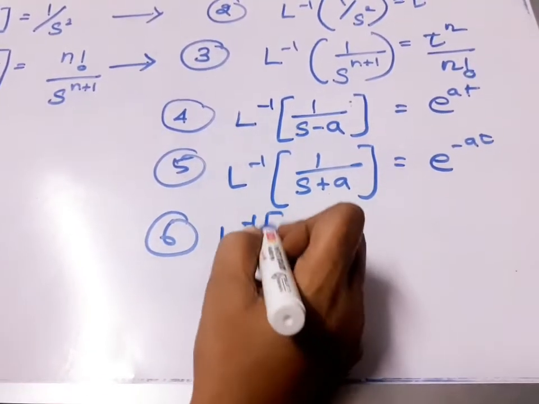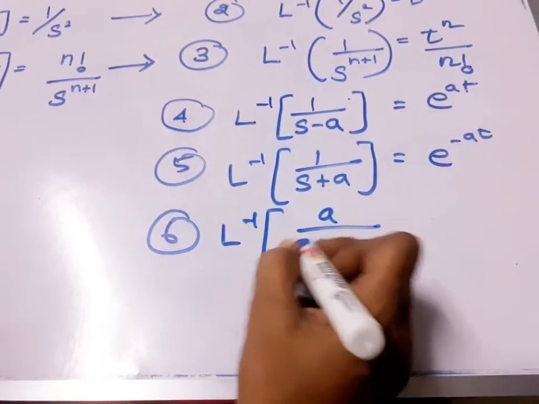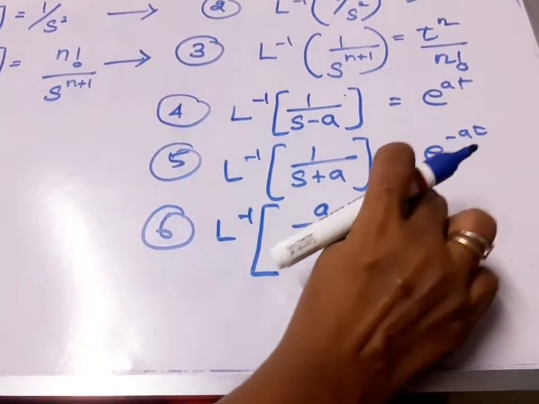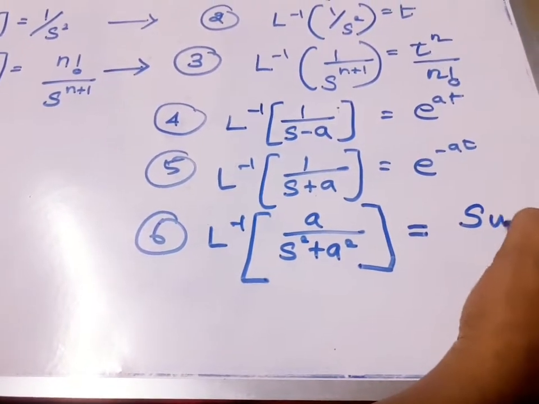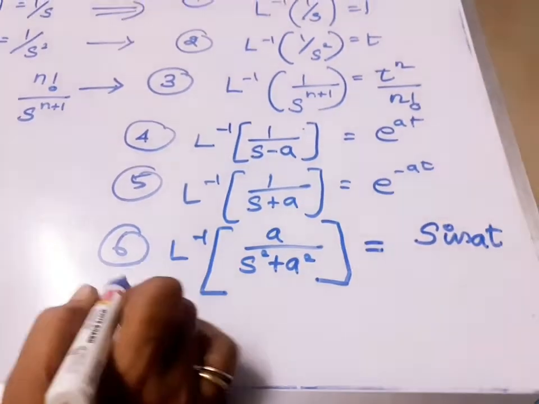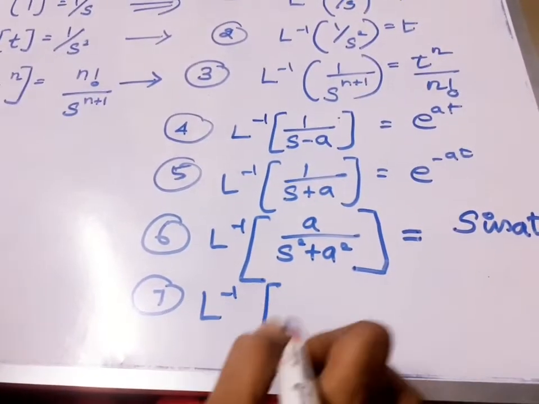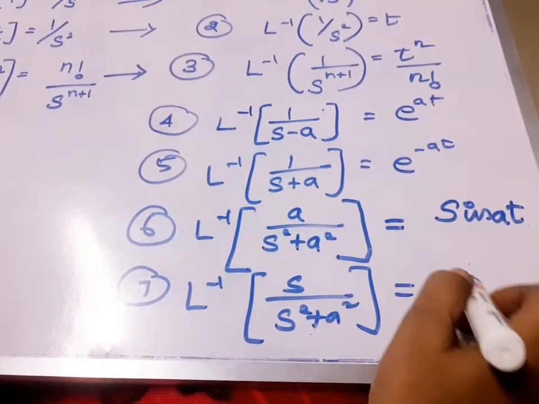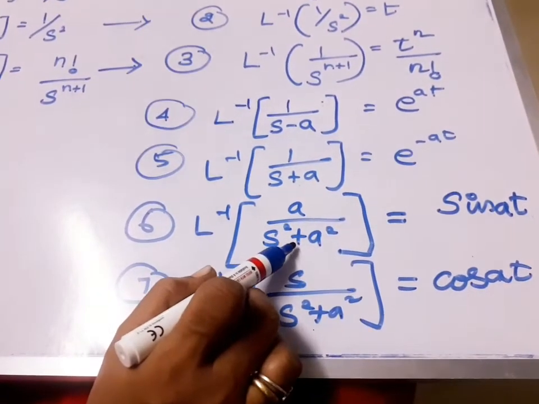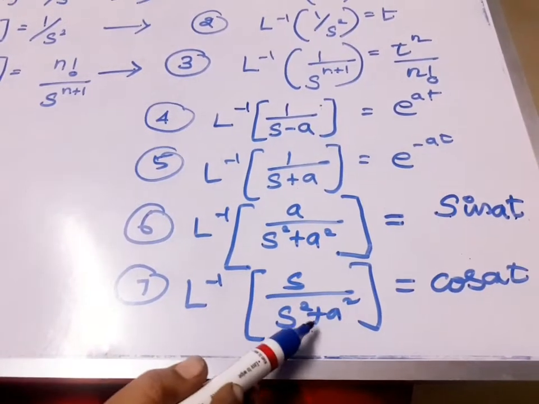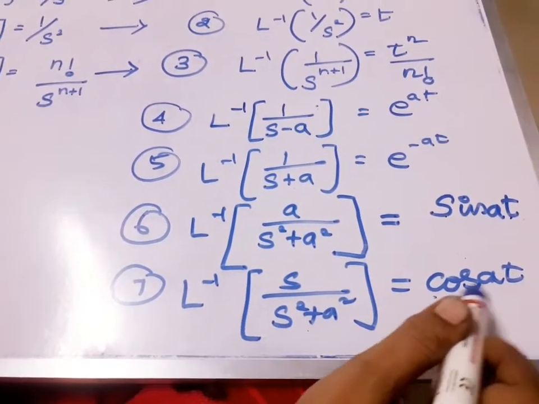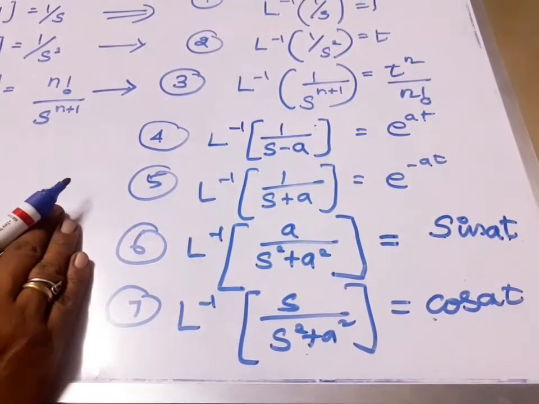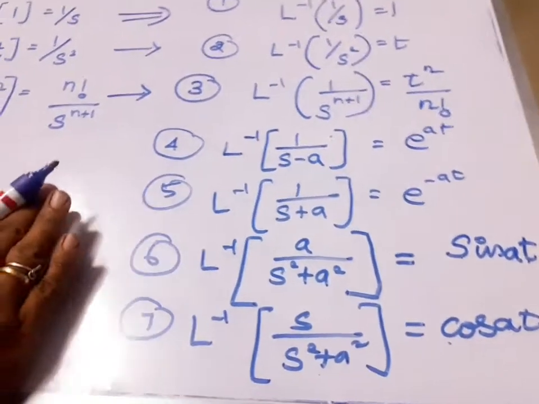L inverse of a by s square plus a square is sin at. L inverse of s by s square plus a square is cos at. Suppose minus comes, hyperbolic sin at. Here minus comes hyperbolic cos at. So with this knowledge, we discuss some problems under inverse transformation.